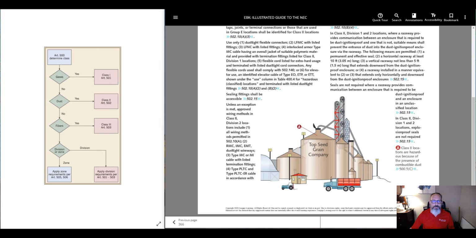Again, with your grains and flours, you could have dust suspended in the air, so you will have areas around this silo grain storage facility. You're not going to see a lot of those around here, but if you did travel or work in the Midwest, you're going to still see grain silos all over the place.